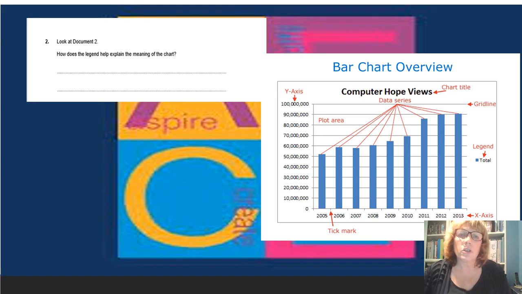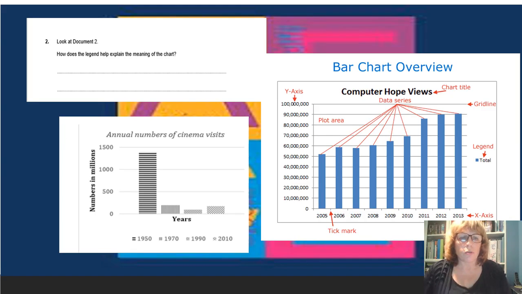So let's have a look at the chart from the actual question. And what you're being asked to do is think about what the legend is helping explain. And you have the information there about the years, what are the years showing, the annual number of cinema visits in millions, and you can say something if you want to historically about what's happening there.